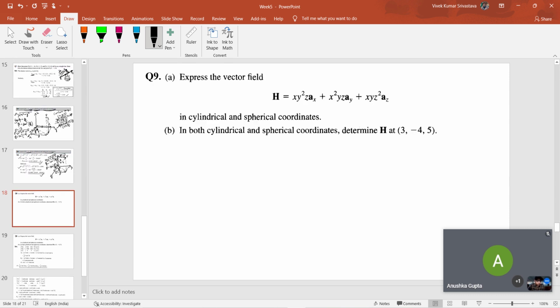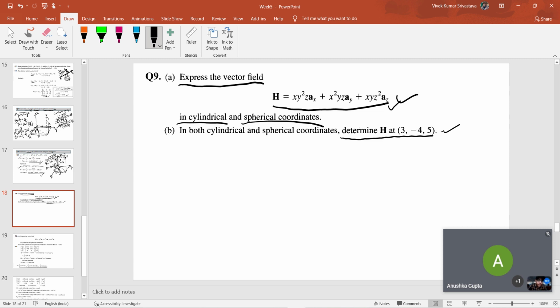Okay, so let us move ahead. Our next question is, express the vector field H which is given to you in the cylindrical and spherical coordinate systems, and once you have represented this vector, you have to determine the value of H at this point. See, this vector is already specified to you in the Cartesian coordinate system.